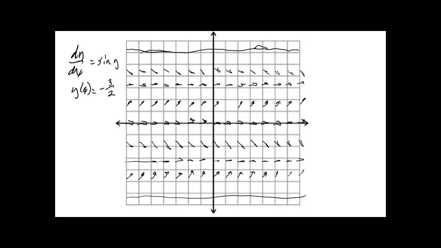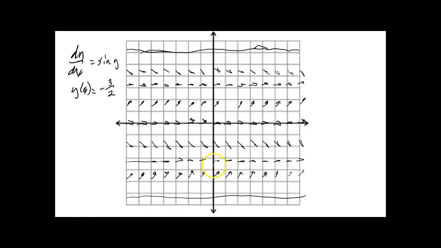Now, the fact that we have an initial point, this would be good for any initial point of x equals 0, y equal negative 3/2. So x equals 0, that would be here. y is equal to negative 3/2. That's going to be somewhere awfully close to this point.